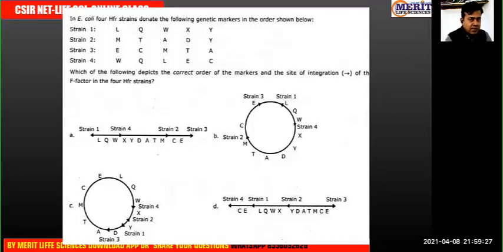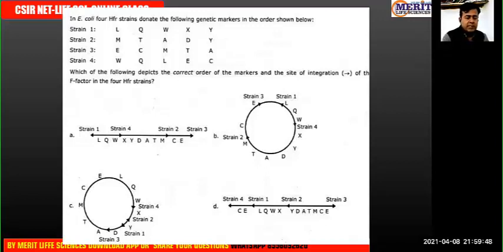How will you catch up and how will you solve this question within 10 seconds? Read the question again.